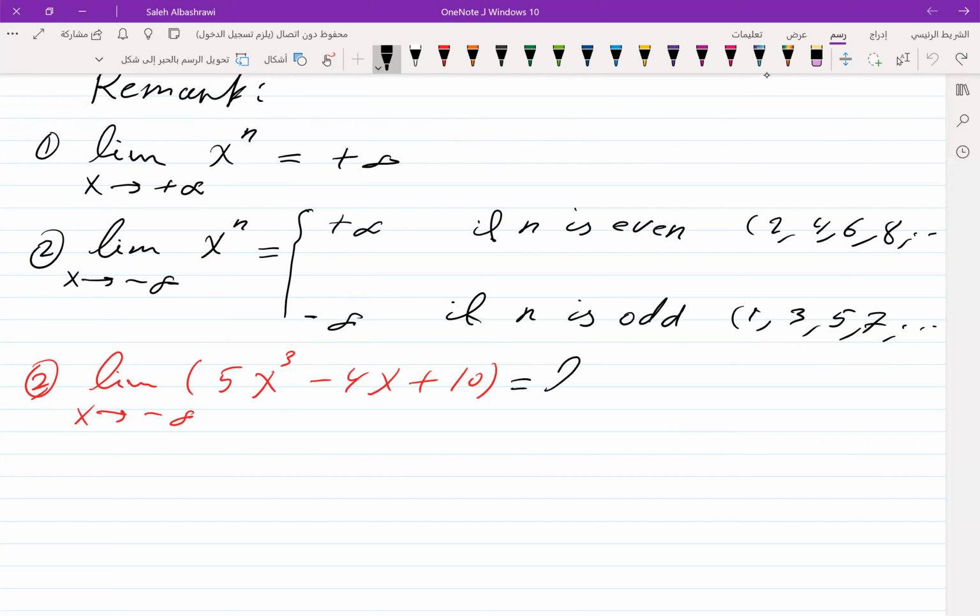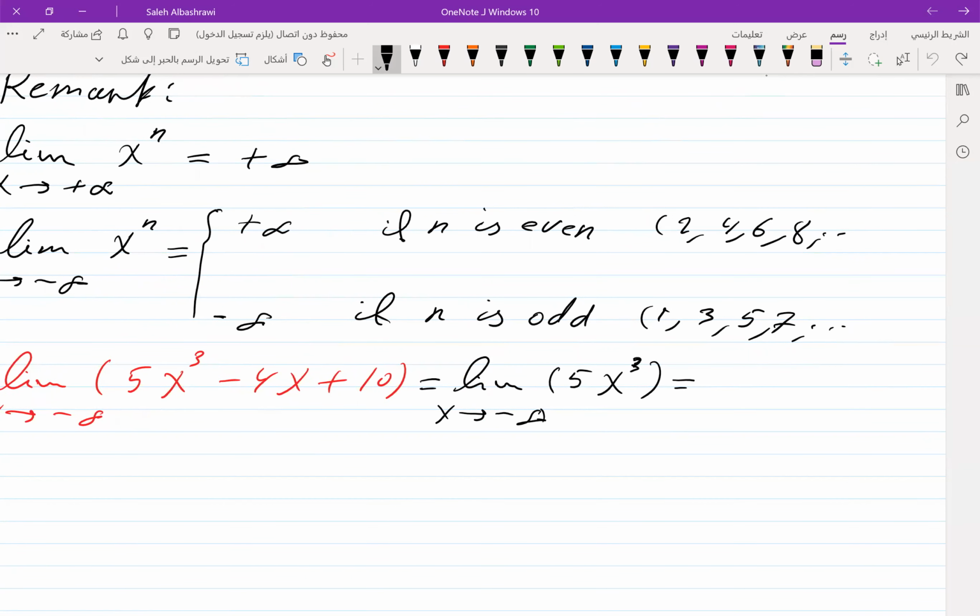This is equal to the limit of the highest power, which is 5x to power 3. Don't forget that we are also taking the coefficient of the highest power, because sometimes the sign of the coefficient will change the limit. So we have to keep this with the highest power. We have to take the whole term, the coefficient plus the variable with the highest power, as x goes to minus infinity.